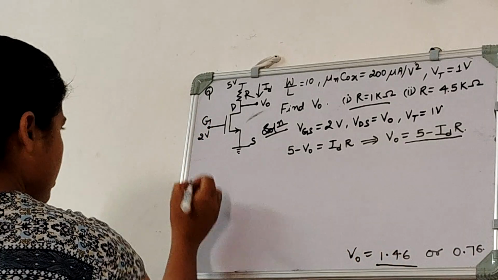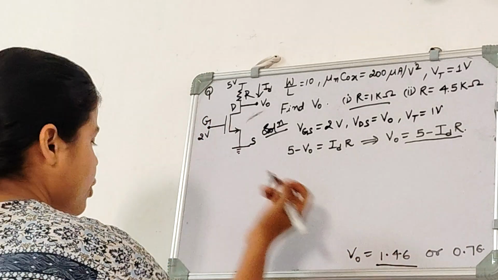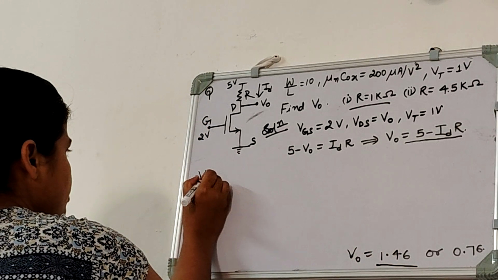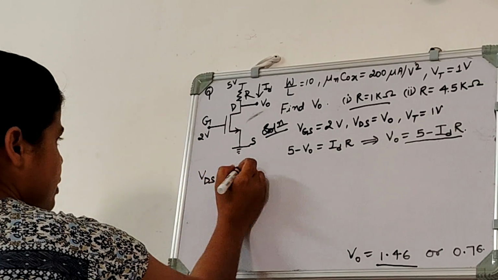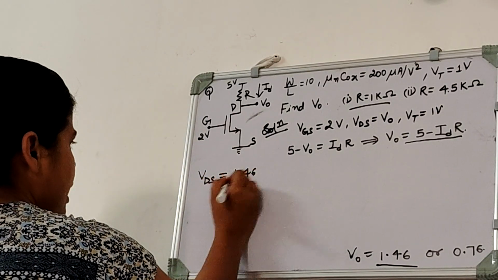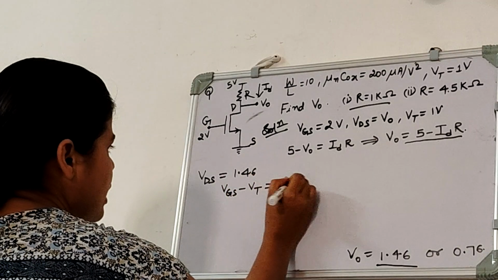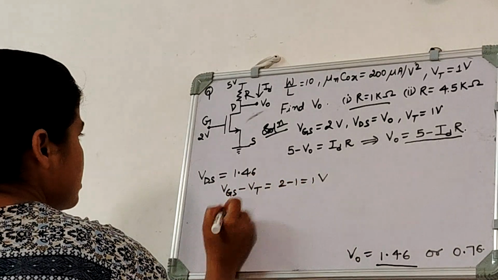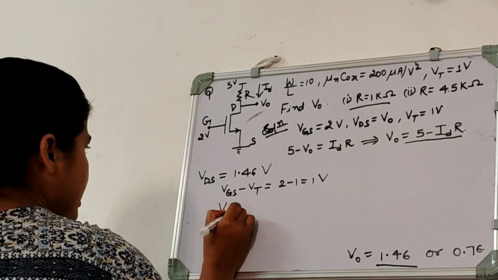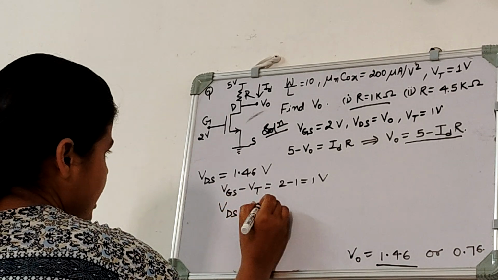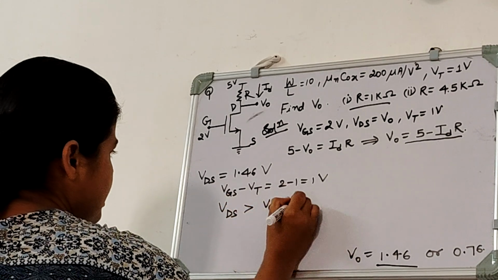Okay, so our V naught is equal to 1.46. So we will write that VDS equals 1.46, and we know that VGS minus VT is equal to 2 minus 1, that is 1 volt. And here we can see that VDS is greater than VGS minus VT.